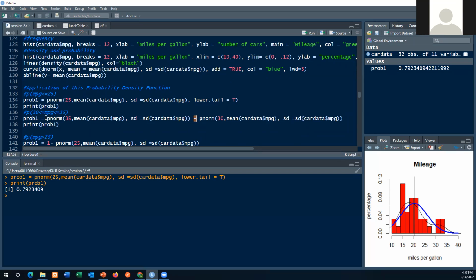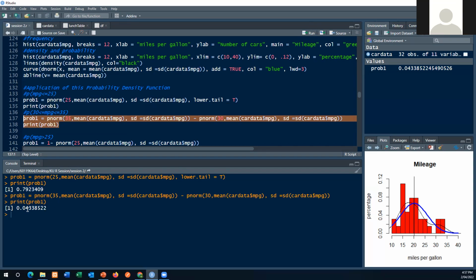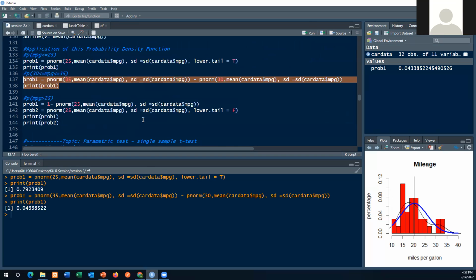So you get the first area, then the second area, and the difference between the areas will be the probability of having a car in this range. And we can get that, and the chance is like 4%, which is true because we have only a few cars here, given the evidence we have, that fall within this range. Visually we can check that from this graph, and mathematically the pnorm function is giving us this confidence.